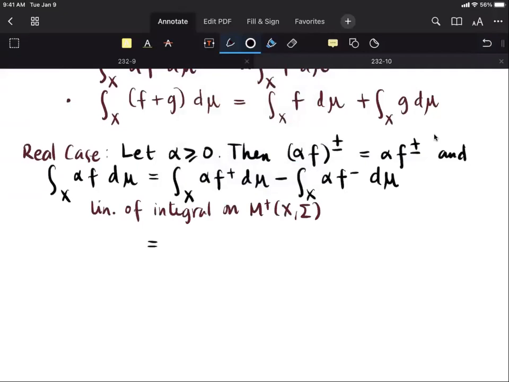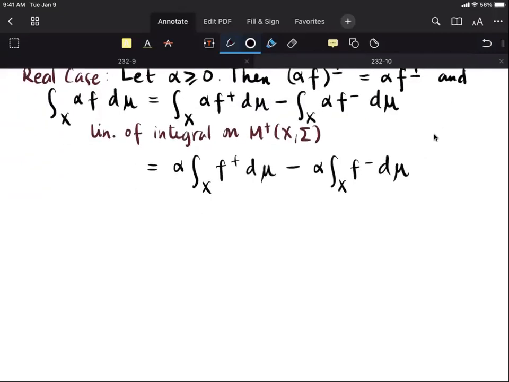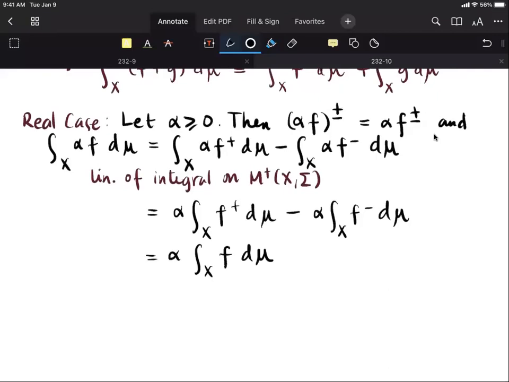So this is equal to alpha times the integral of f plus d mu minus alpha times the integral of f minus d mu. After factoring alpha and taking note that the difference of the integrals of f plus and f minus is the same as the integral of f d mu.